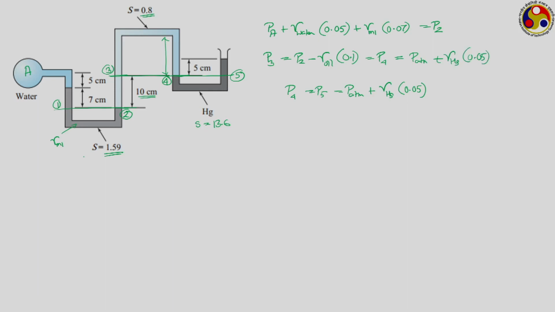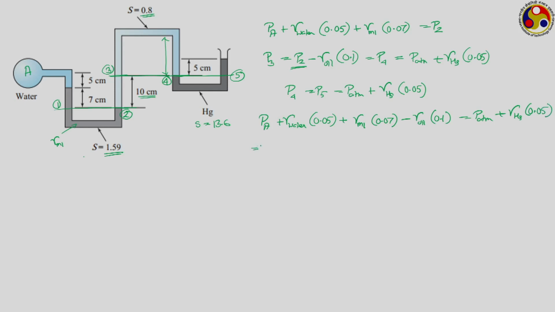So, if we combine all of this, replace P2 in this equation in terms of the first. So, we are having Pa plus gamma water into 0.05 plus gamma of the first manometric fluid into 0.07, which becomes P2 minus gamma oil into 0.1, oh sorry, 0.1 is equal to atmospheric pressure plus gamma Hg into 0.05.